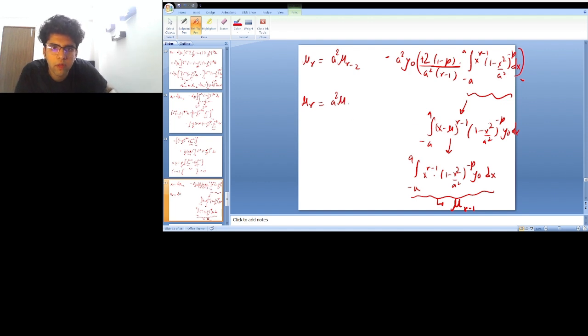So I am left with r minus 2, now a square and a square goes away, and y naught also vanishes when I use it inside the integral. So I am left with minus 2 into 1 minus p divided by r minus 1 into mu r minus 1, right? So I'm just drawing a line here.